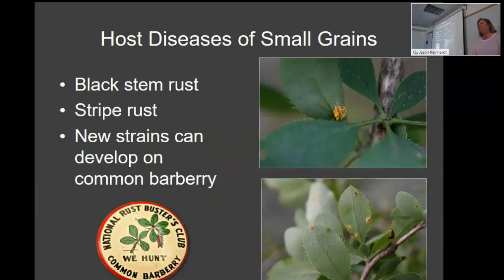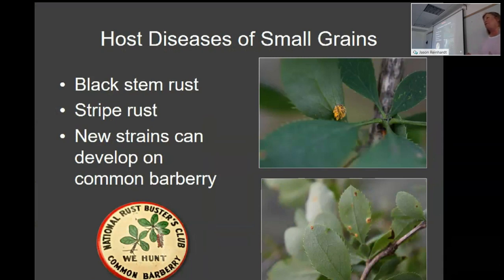And why are we so worried about common barberry? It is a host of diseases of small grains, so black stem rust and stripe rust. And so small grains like wheat and barley, there is resistance to the current strains of black stem rust, that the resistance is bred into varieties of wheat that are planted now.